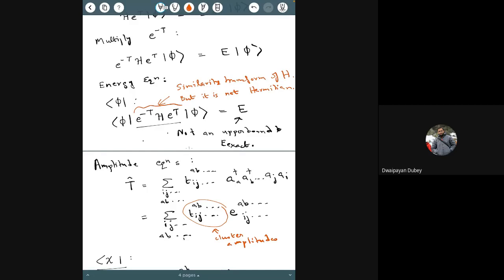But what makes it acceptable is that this operator has an energy spectrum which is identical to the Hermitian operator H. So if you have a full expansion for T, it can be shown that a similarity transformed Hamiltonian has the same energy spectrum as the bare Hamiltonian. So let me put that down as well.